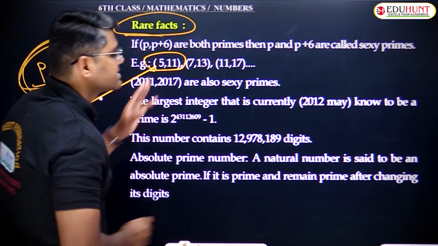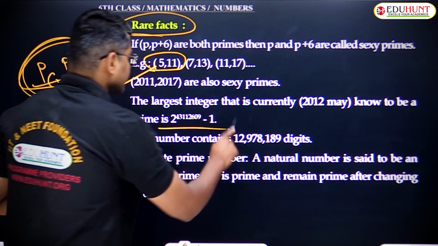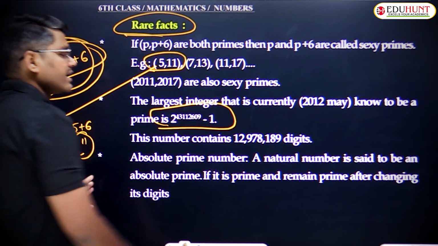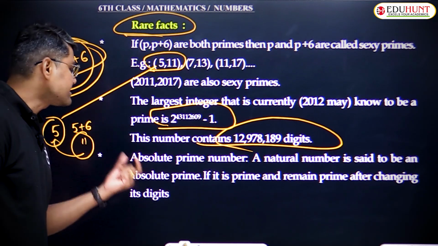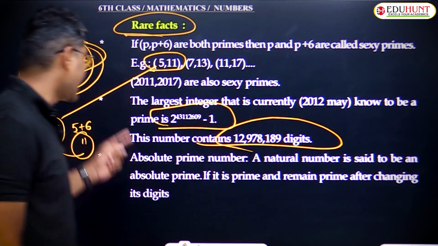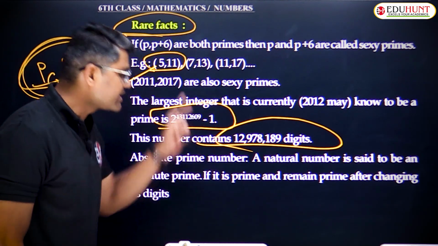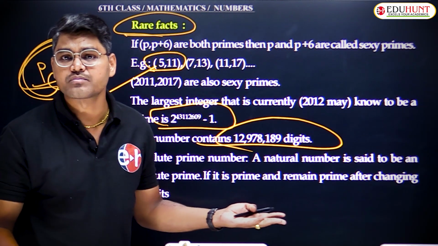The largest integer that is currently known to be prime is this one. This number contains these many digits. Okay, right. What is an absolute prime number? A natural number is said to be an absolute prime number if it is prime and remains prime after changing the digits also.